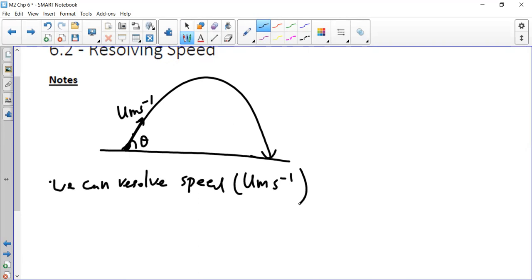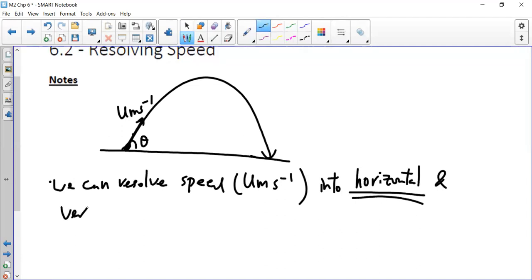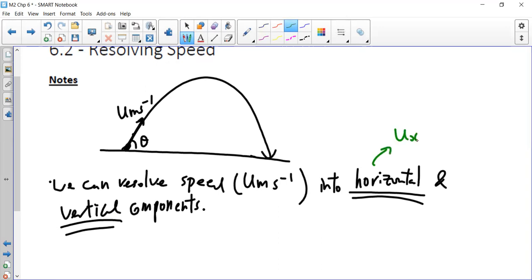Remember, speed has no direction, it's just one way. We resolve speed into horizontal and vertical components. This is U, this horizontal will be UX, and this vertical will be UY.